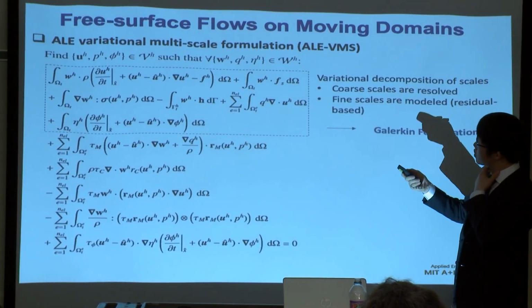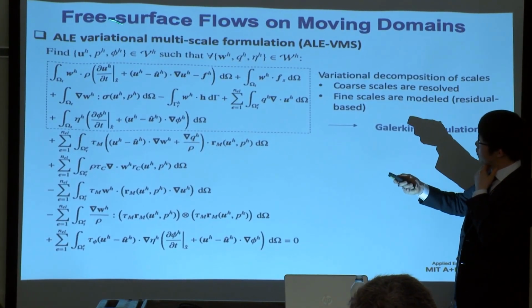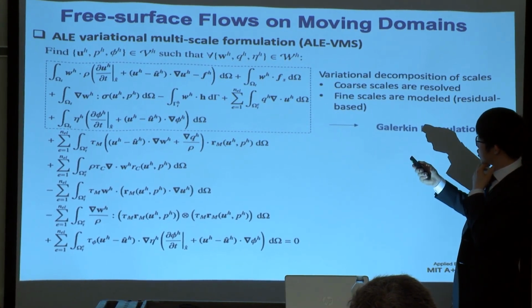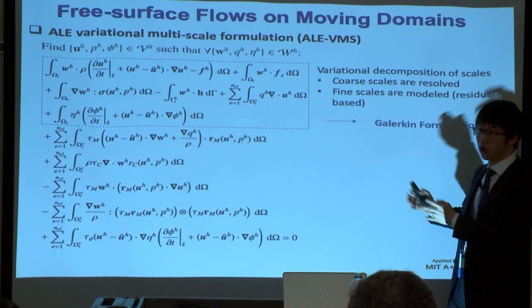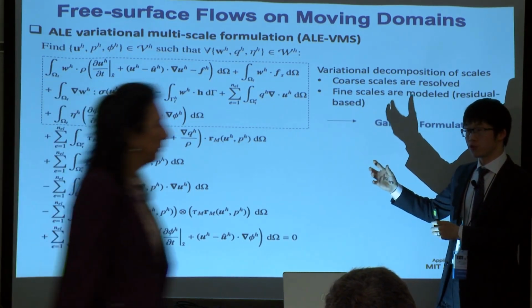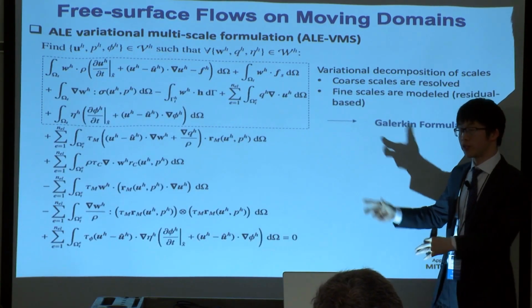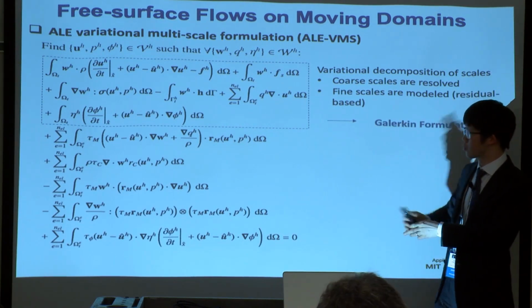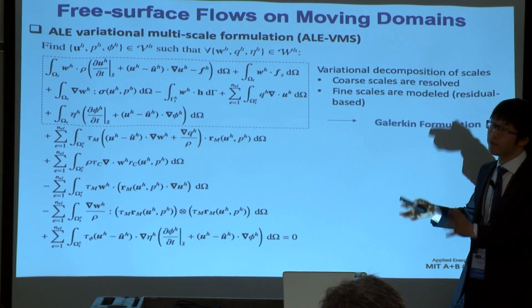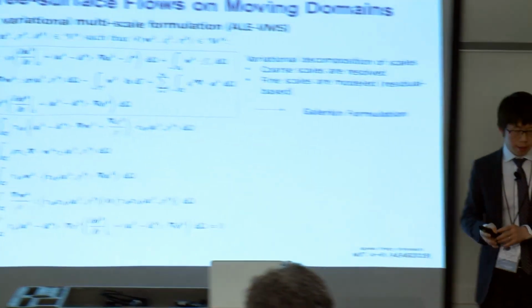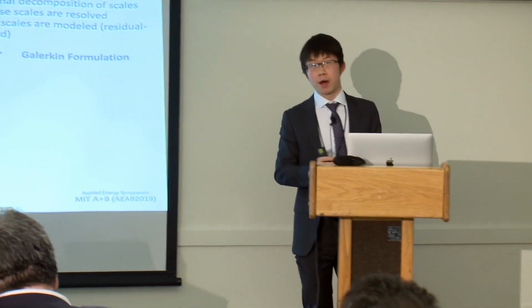In VMS, the variational multi-scale formulation, you model the fine scale to be proportional to the strong form residuals of your Galerkin equation, and then you resubstitute those residuals back into your Galerkin formulation. And we have validated this method by simulating a bunch of benchmark problems.